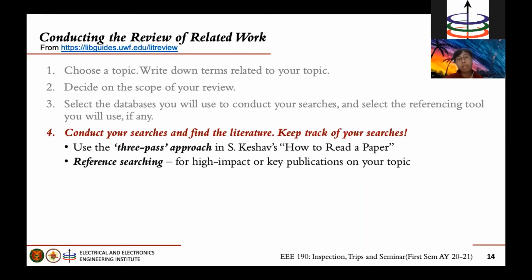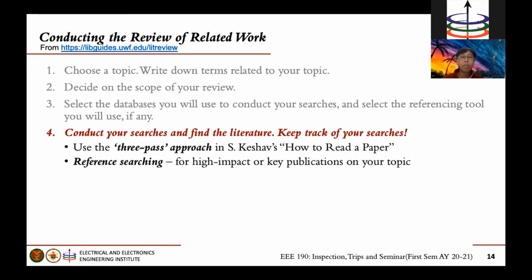Okay, so you will see that there are 3 steps first before you pull up your browser and actually conduct the search. Now, how do you read the papers? Okay. I espouse the use of the 3-pass approach, okay, by Keshav. And then after that, you do the reference searching.